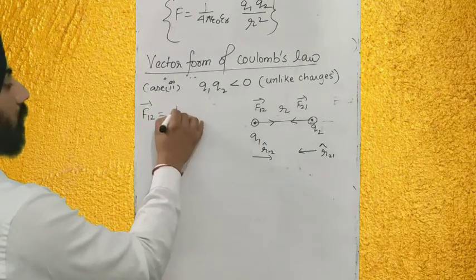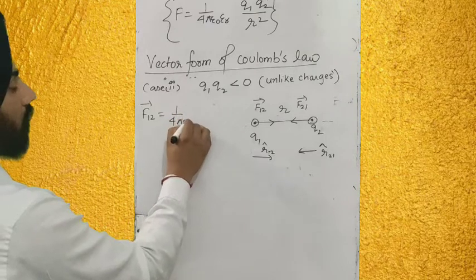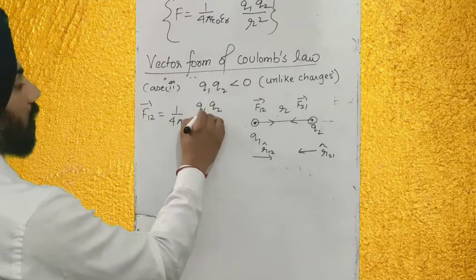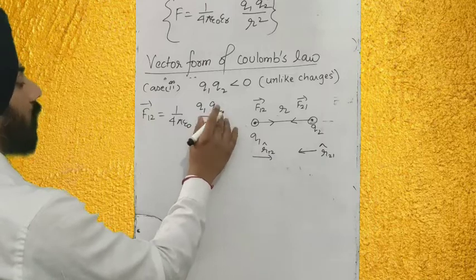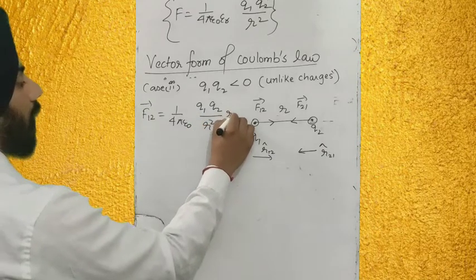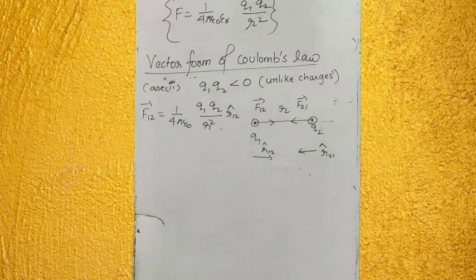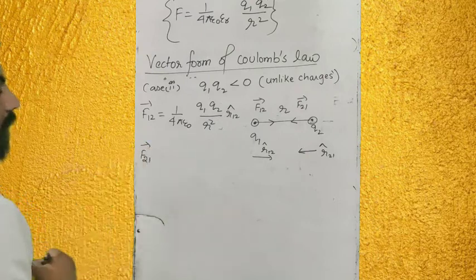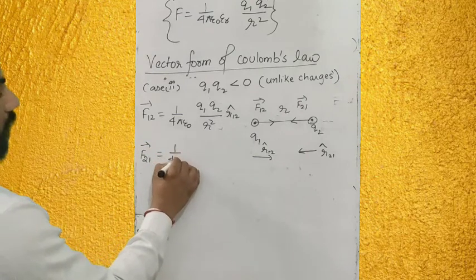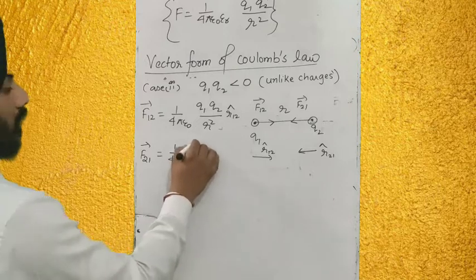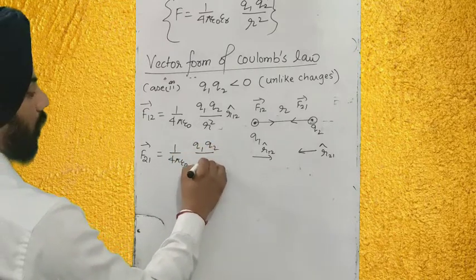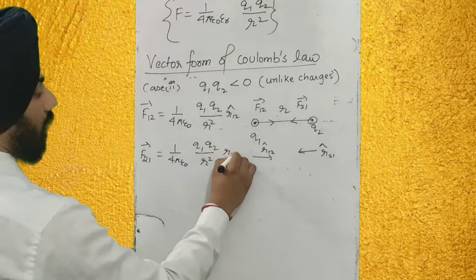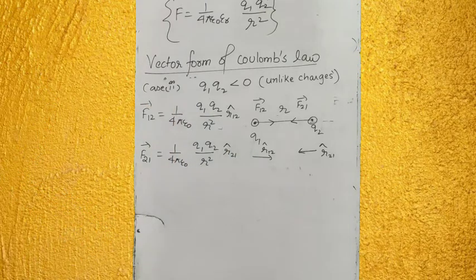So F12 is equal to 1 upon 4 pi epsilon naught, Q1 Q2 upon R square, R12 unit vector. Similarly, F21 will be equal to 1 upon 4 pi epsilon naught, Q1 Q2 upon R square, R21. So F21 is in the direction of 21 and F12 is in the direction of 12.